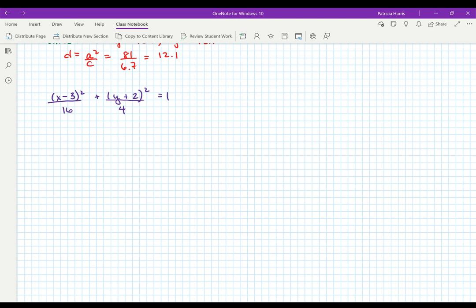Well, this kind of looks like this, right? So I'm going to move my center right 3 and down 2, just like the parabola.